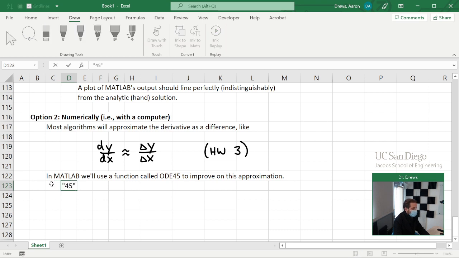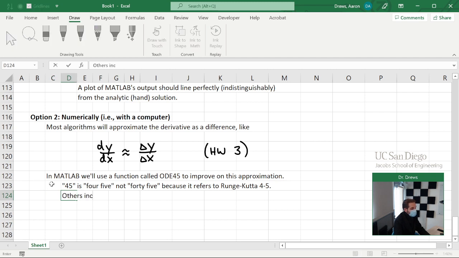The 4.5 that you see in that function, ODE45, is pronounced that way. It's 4.5, not 45. And the reason for that is because it refers to a series of algorithms, you may have heard of Runge-Kutta, two people, but a bunch of algorithms that are somehow related to Runge-Kutta, and this is an RK45 algorithm that sits underneath there, which sounds fancy, but it's talking about the precision of the algorithm.